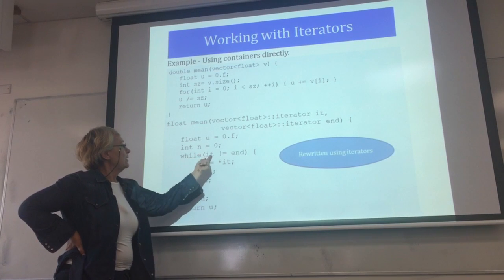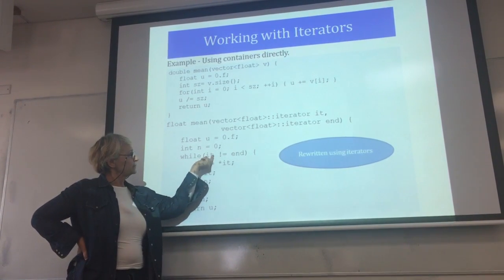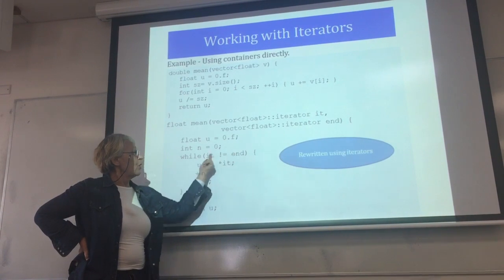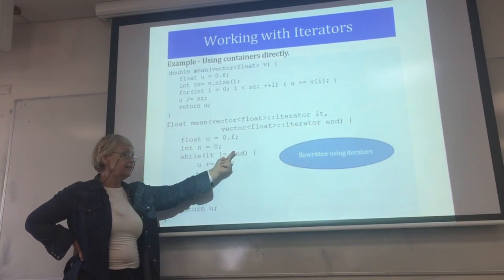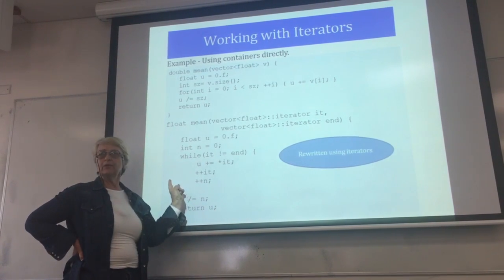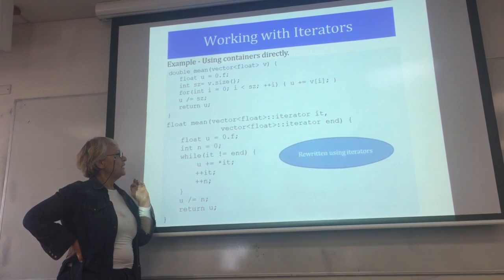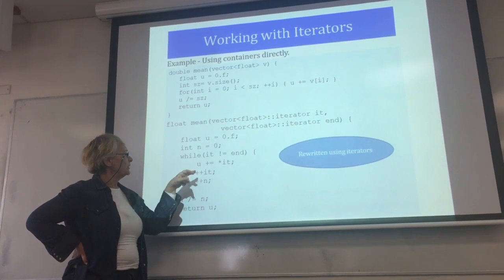And as you can see here, we go through each element, starting at the beginning and comparing against the end with not equal. Like we have seen previously, this is a typical way most algorithms are defined when working with iterators.